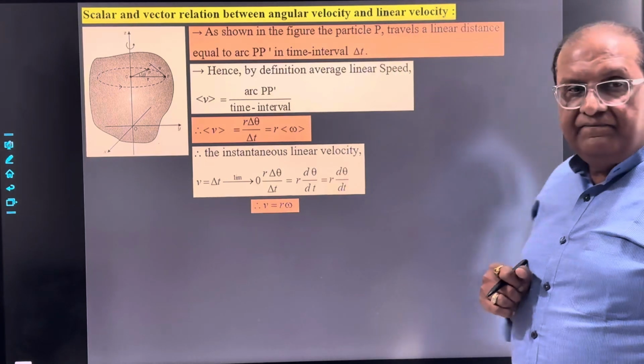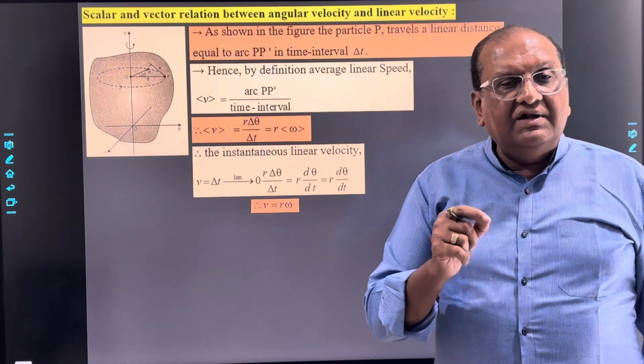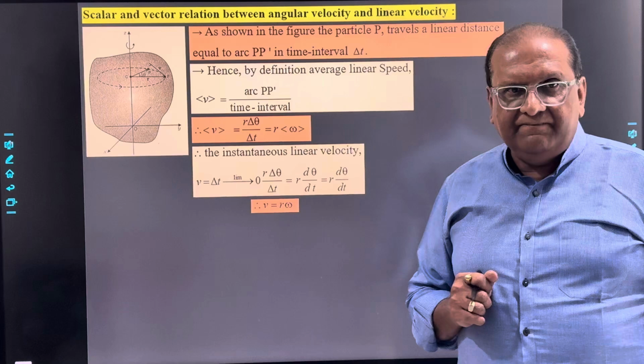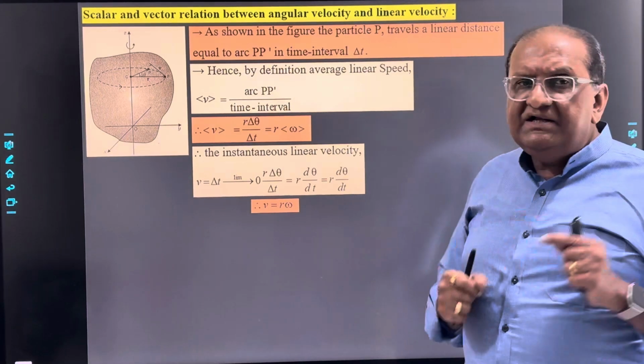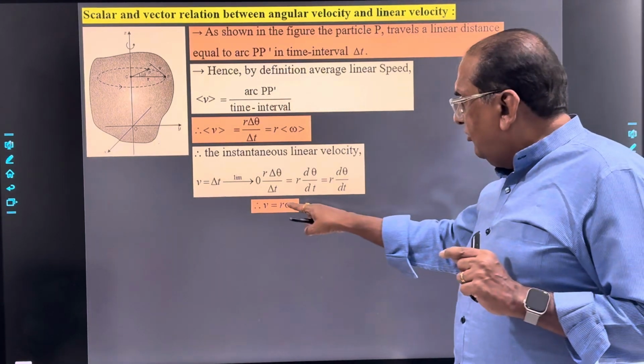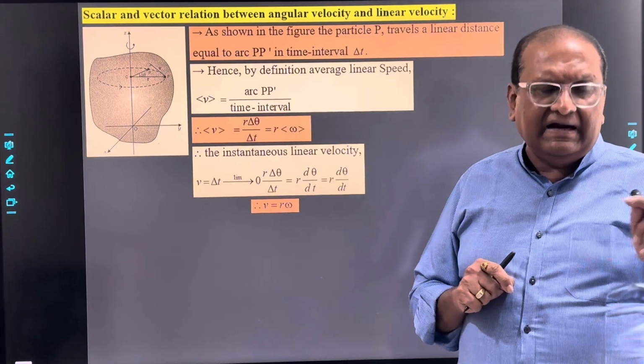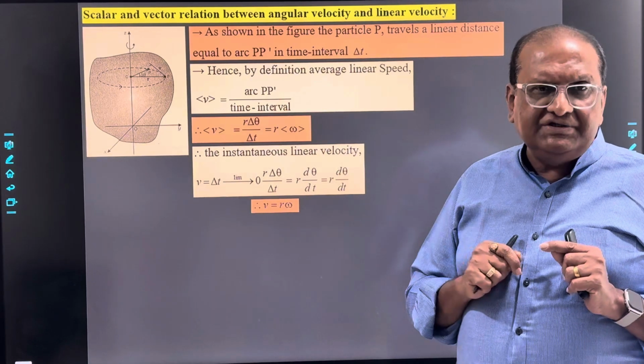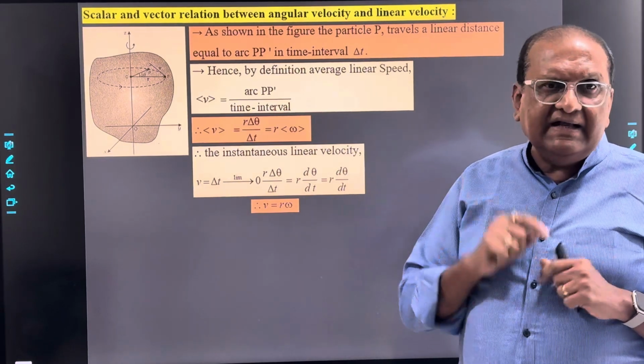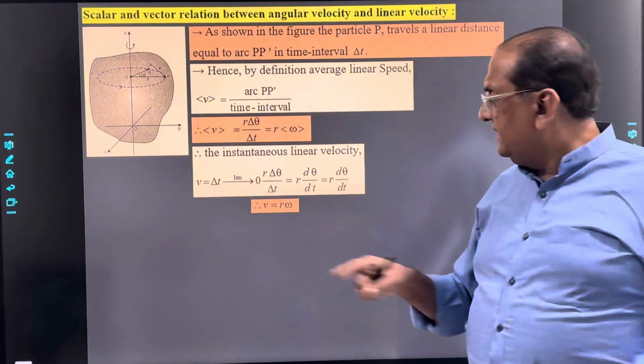Now here we want the vector relationship. Vector relationship means on the right hand side, r is the position, so we can take it as a position vector r.